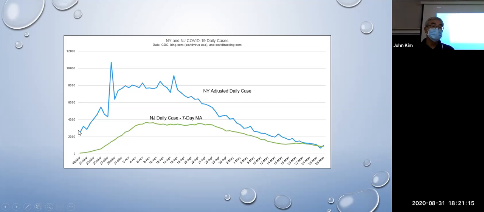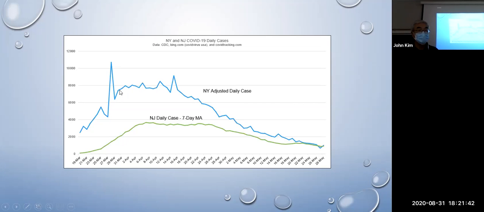Early March started, and then the daily case increased very rapidly. The same pattern in New York and New Jersey. And then from this point, end of March, it flattened. There is a curve here.